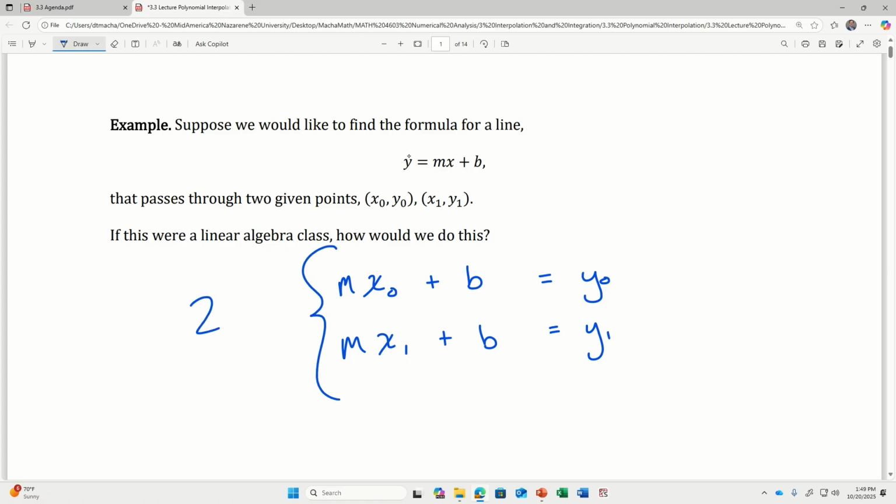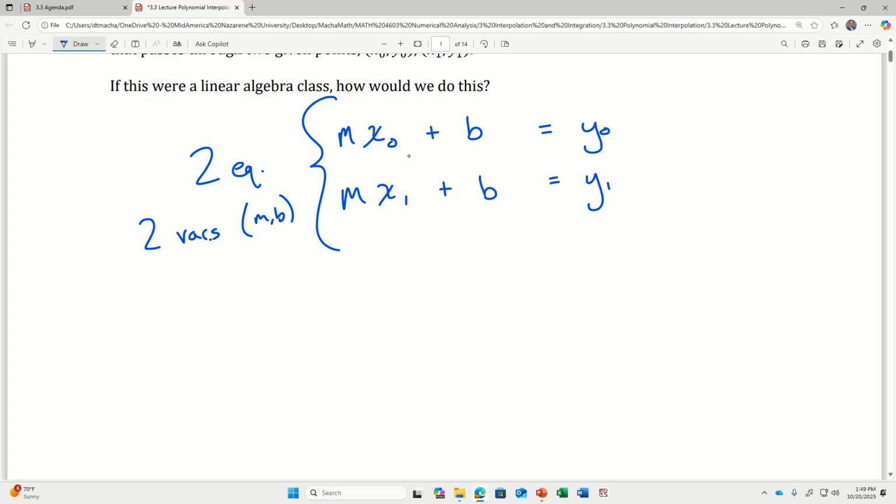This is a system of two equations with two unknown variables, m and b. And it's a linear system of equations. And so you can solve this using the methods of linear algebra. Right? You can say, well, let me make an augmented matrix where these are the entries in my matrix.